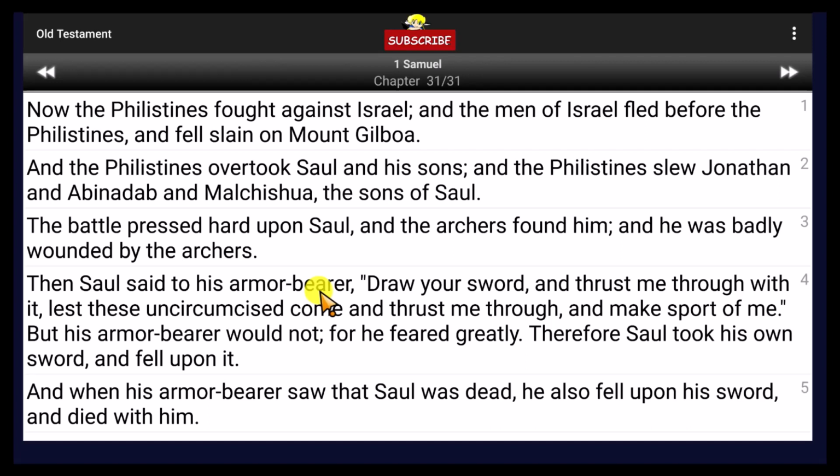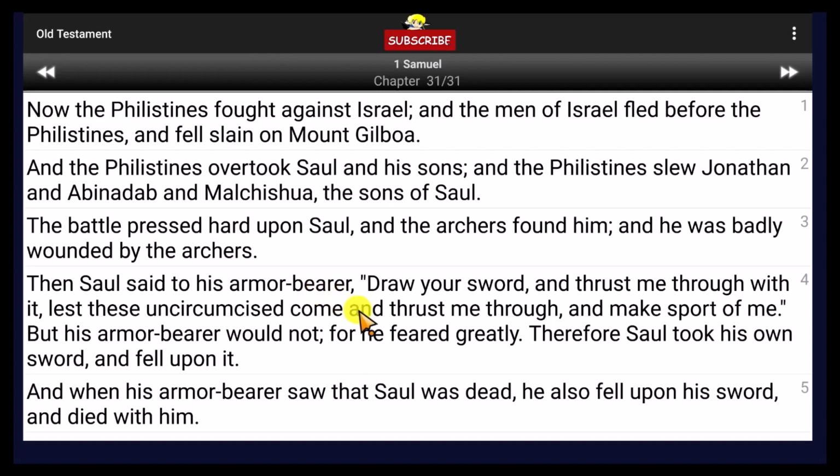I don't think that if your master or your teacher or somebody that you are serving asks you to kill him, you would do that gladly. And so the armor bearer feared, so he did not do that. And so Saul then decided to take his own life.